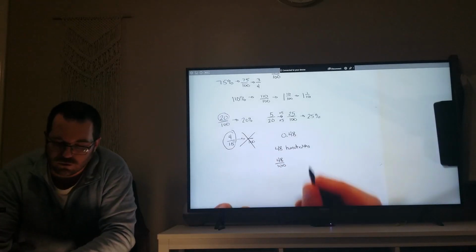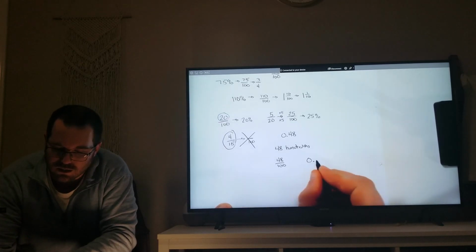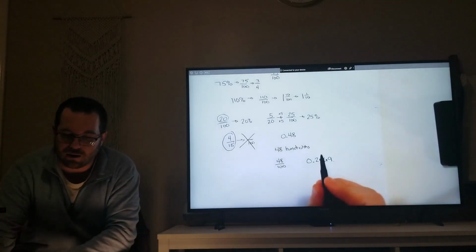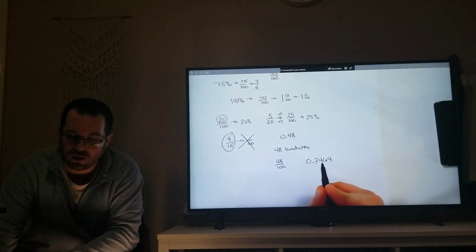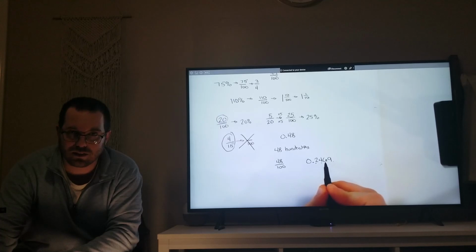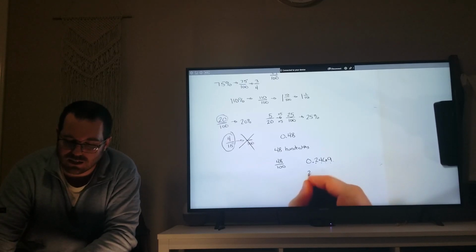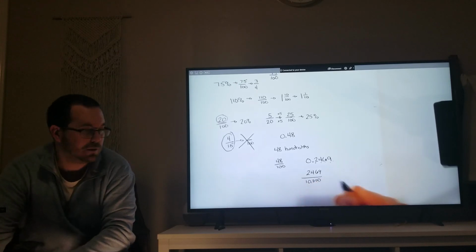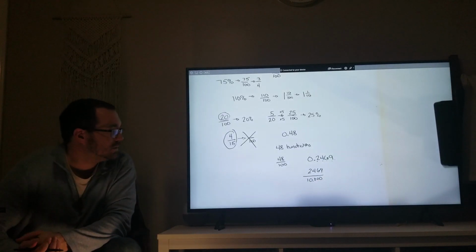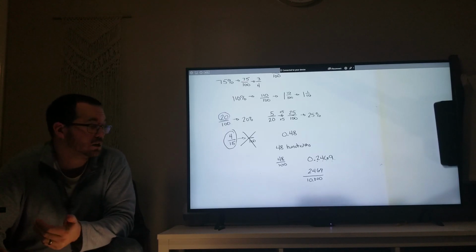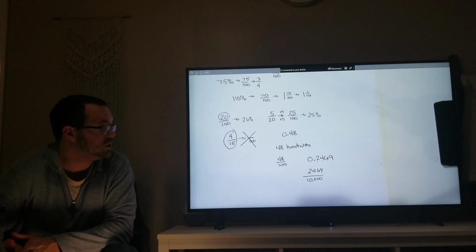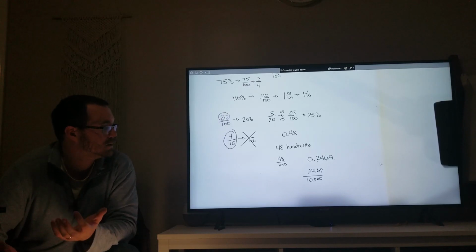If I had a larger decimal, 0.2469, in this case we have tenths, hundredths, thousandths, 10,000ths. So this is 2469 over 10,000. And we can convert that pretty easily to a fraction. That might not be in simplest terms. We might have to find out if there's some way to reduce it. But at least this way, we can go from decimals to fractions.